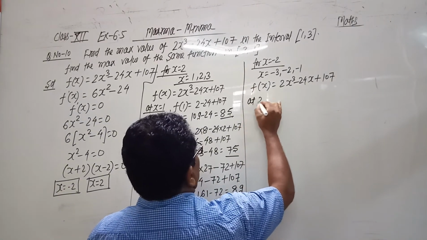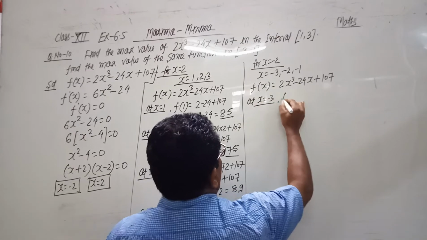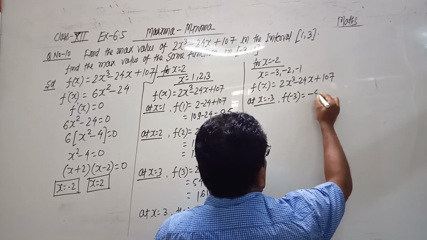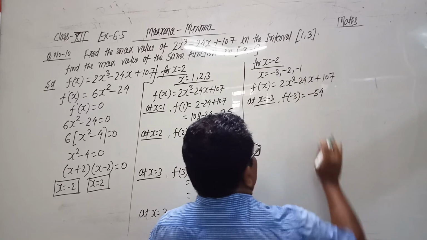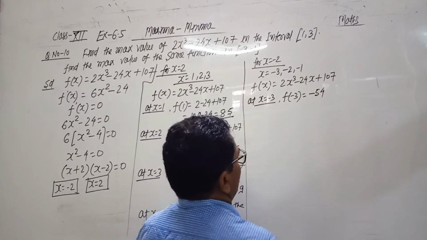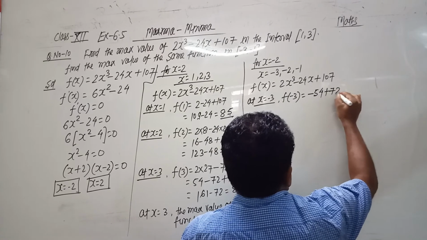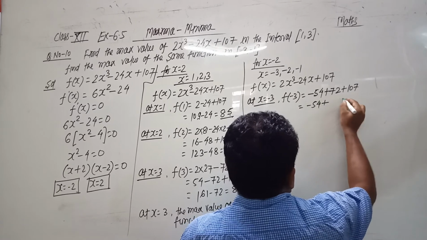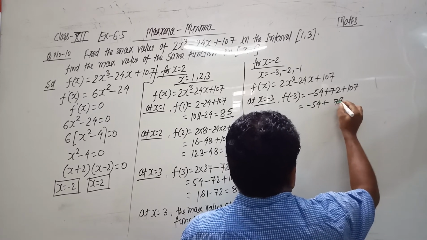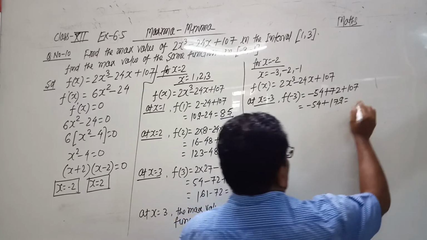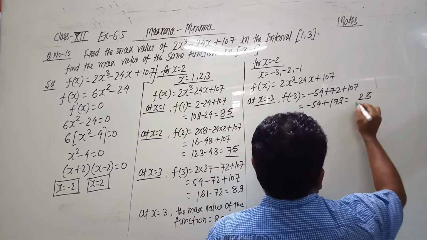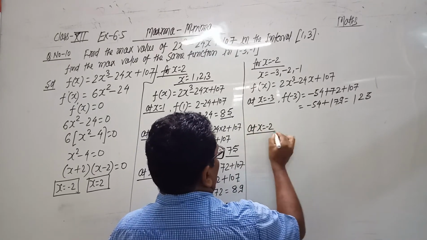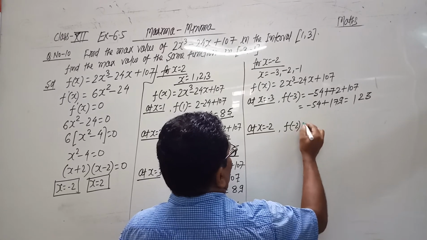At x equals minus 3, f(minus 3) is 2 into minus 27, minus 54, and minus 24 into minus 3, plus 72, and plus 107. So minus 54 plus 179, which is 125.